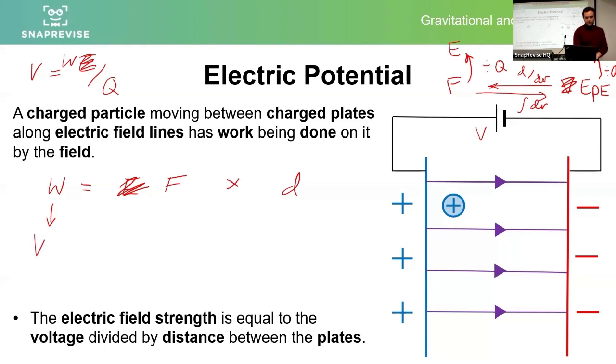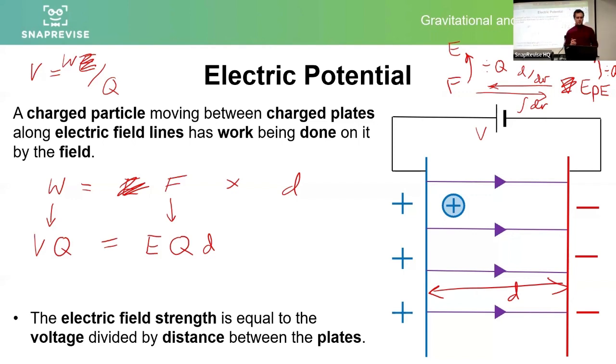So work done is therefore equal to VQ. The force is equal to the electric field strength times the charge. And the distance traveled is going to be the distance D from one plate to the other. So we have this equation.